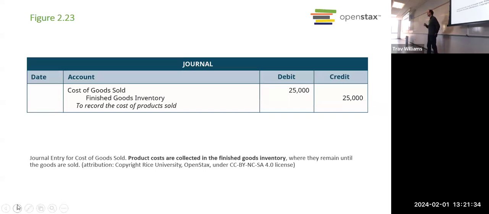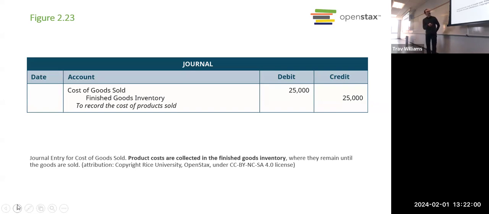Why would we debit cost of goods sold? What type of account is it? Expense is right. So it's going from being an asset when it's in our inventory to an expense once we've sold that product. Right?